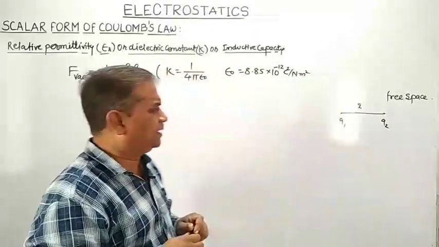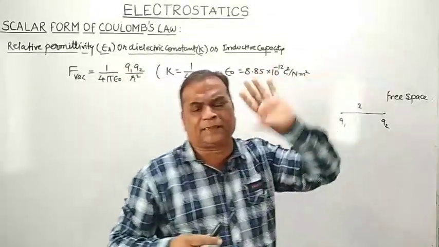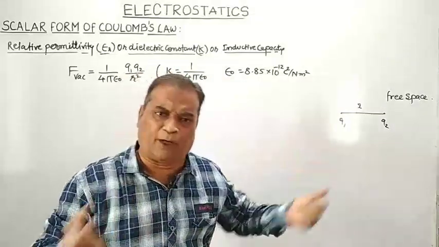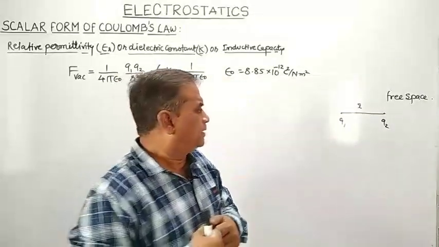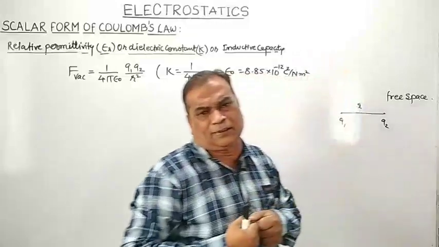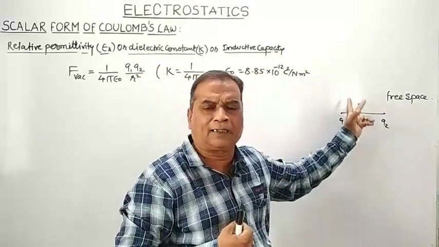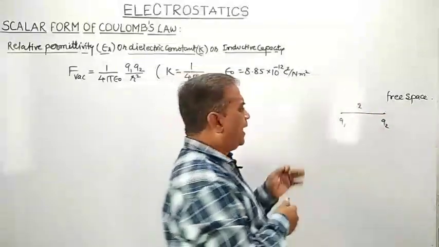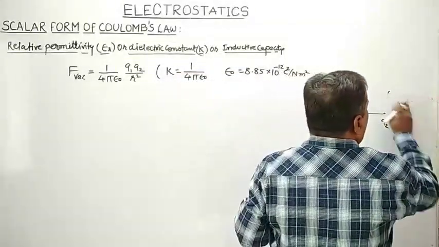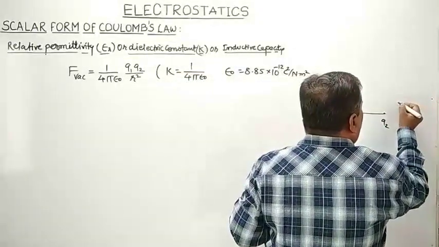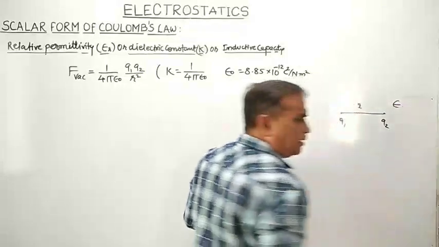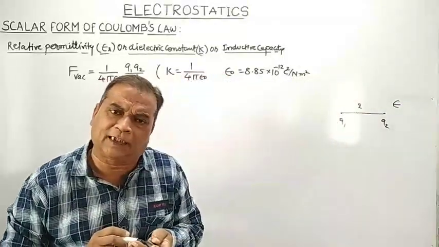So let us consider that the two charges Q1 and Q2, which are point charges, are at rest with respect to each other and they are r distance apart. And they are kept in a dielectric material whose permittivity is epsilon.